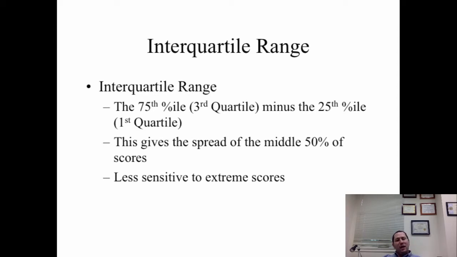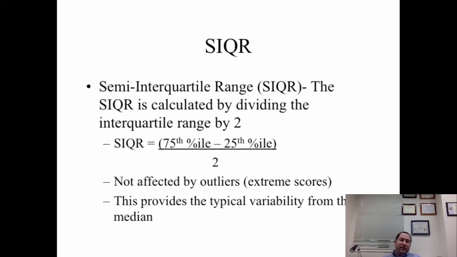And by doing the interquartile range, it's less sensitive to extreme scores, right? Because we may have gotten one really wacky score and then the range was set off. So the interquartile range is better than the standard range. Now, watch this. We can even get more sensitive, and this is what we call the semi-interquartile range.